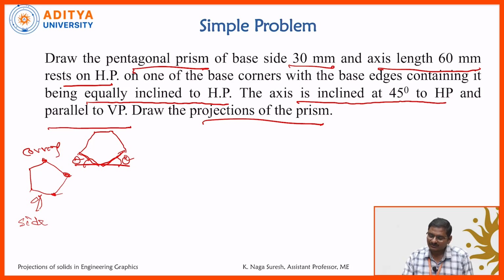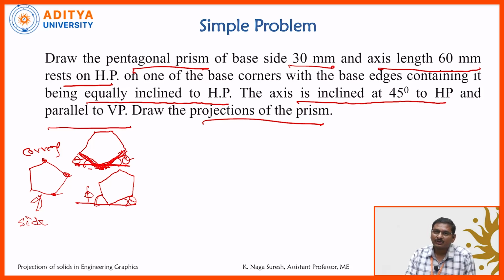If not equally inclined, the angles will be different, for example theta and phi, which is unequal inclination. Here they are asking for equal inclination: these two edges are equally inclined and it is resting on one of the corners on the HP.